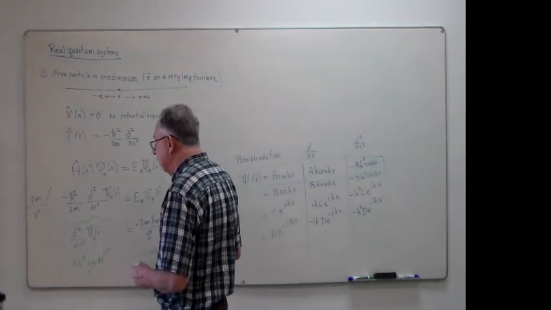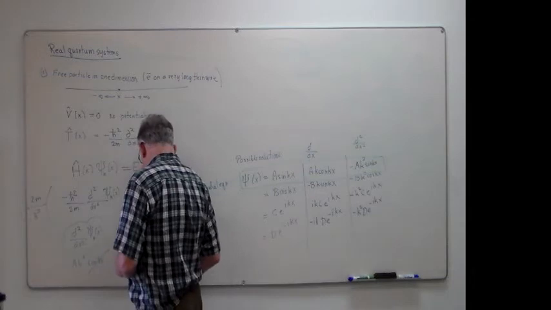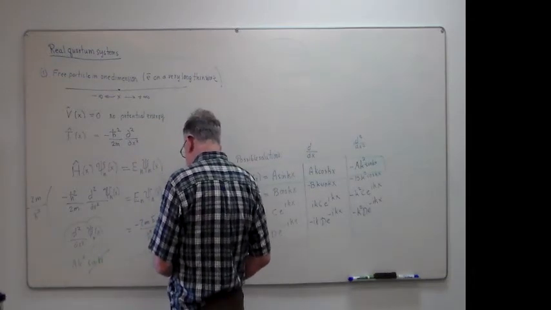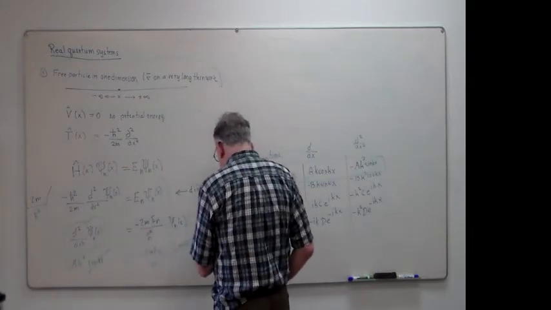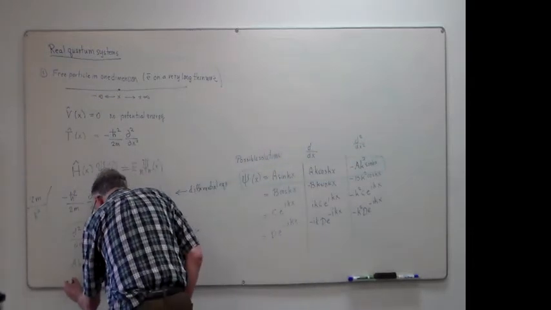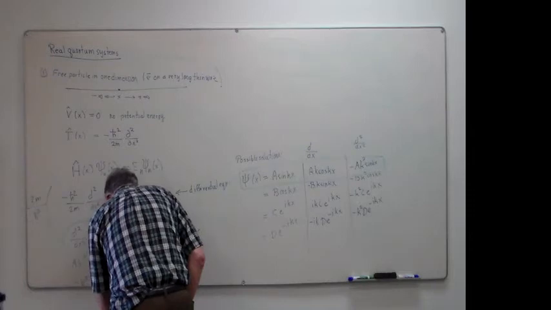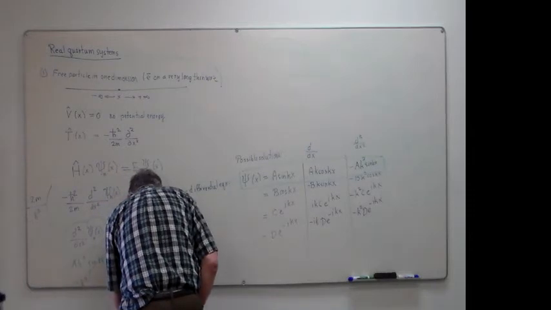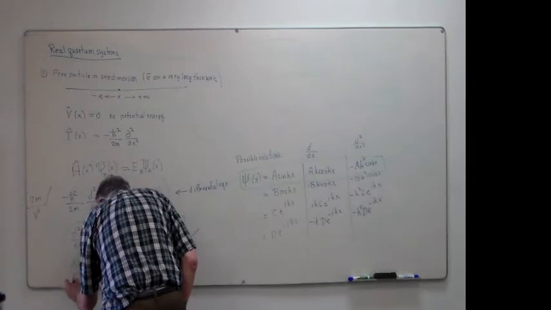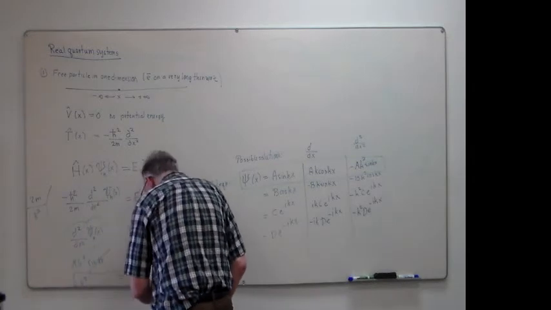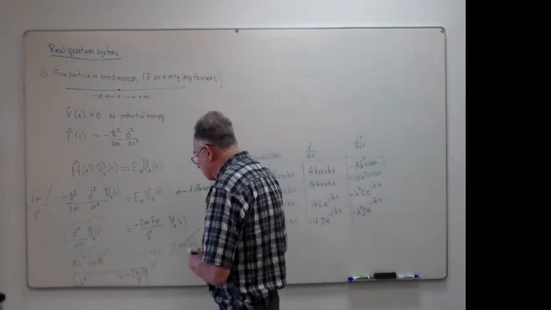And we have a relationship. So we have the relationship minus k squared equals minus 2 times the mass of the particle times its energy divided by h bar squared. So we have a relationship between what this constant k is and what the energy is.